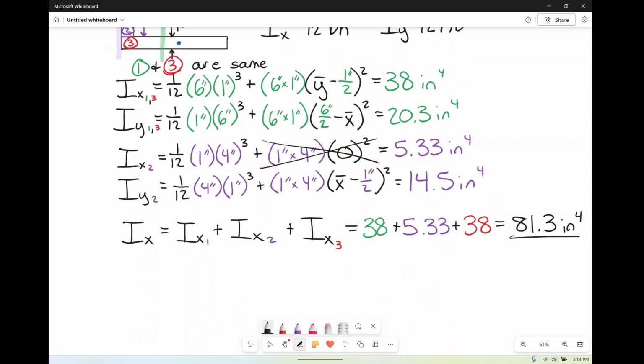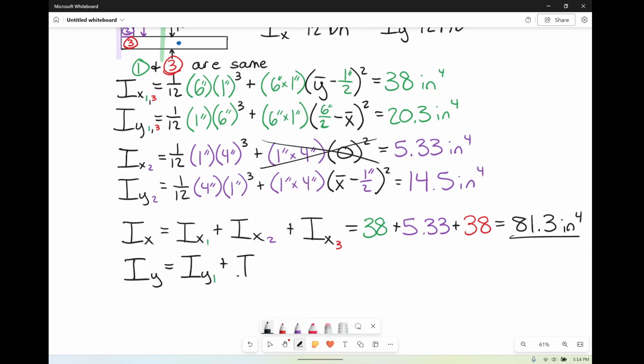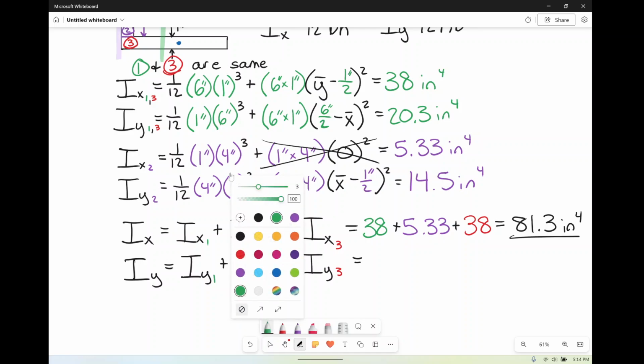We're going to do the exact same process this time for Iy. So again, it's going to be Iy for shape number 1, plus Iy for shape number 2, plus Iy for shape number 3. Put all that together, and what are we going to have?